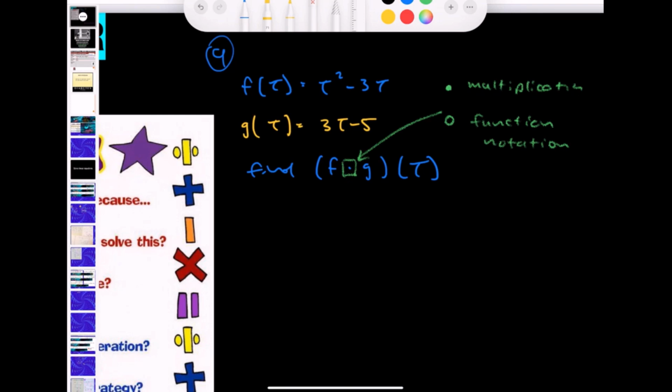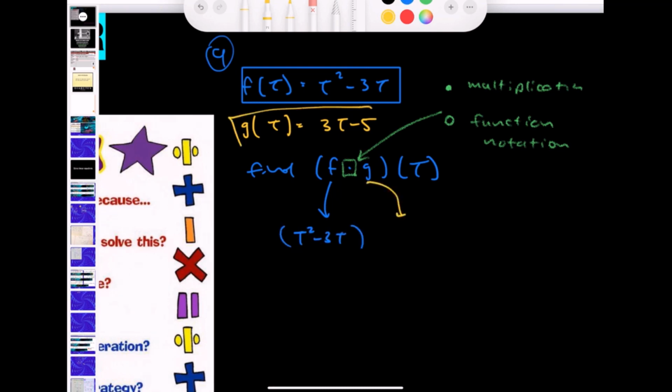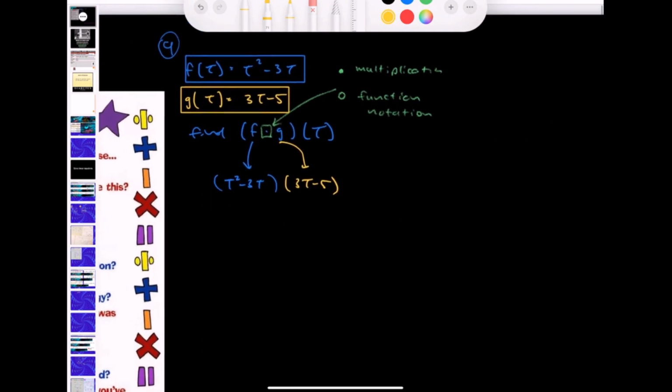This problem is as simple as taking f, which is up here, and putting that, I notice I did capital T's here, and then g, which is right here in yellow, 3t minus 5. And then you can just use your box and then simplify.